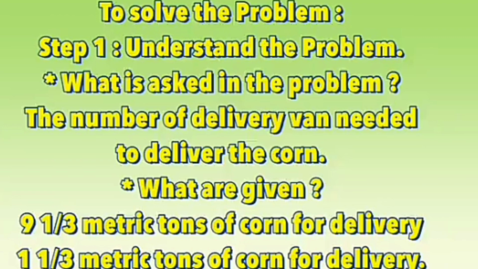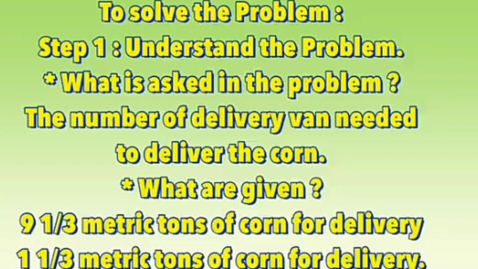And another question that we're going to ask is, what are given? So the given facts: 9 1/3 metric tons of corn per delivery and 1 1/3 metric tons of corn per delivery van.